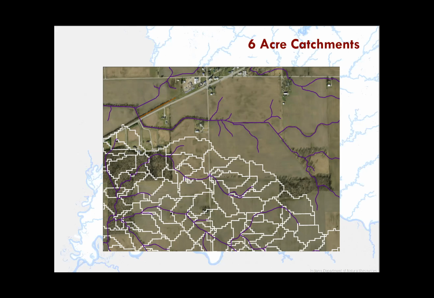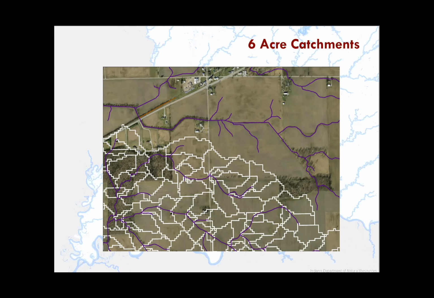We did a couple pilots ourselves with different limits and different standards for that catchment size. And in the end, we decided to go with a 6-acre catchment. We thought that gave us the best definition of the entire watershed and of the stream reaches. And that helps us with a number of different things.